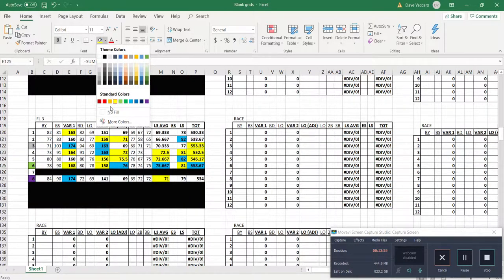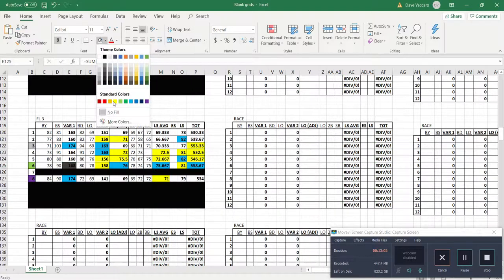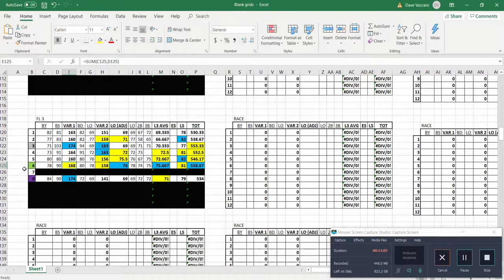So right now I'm only going to take 169 or better. And I don't have a 169 or better. So what I'll do is I'll just take the 168. All right, so we'll go 168 there. Same thing over here, variable 2. I'll take anything 158 or higher. So that would get rid of the 156.